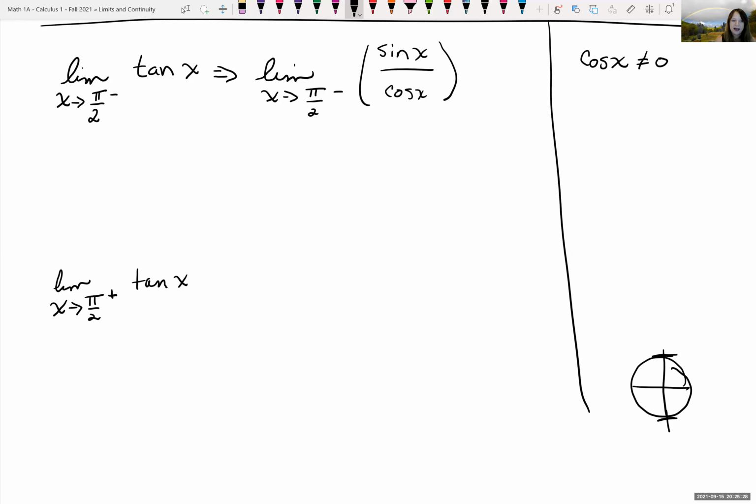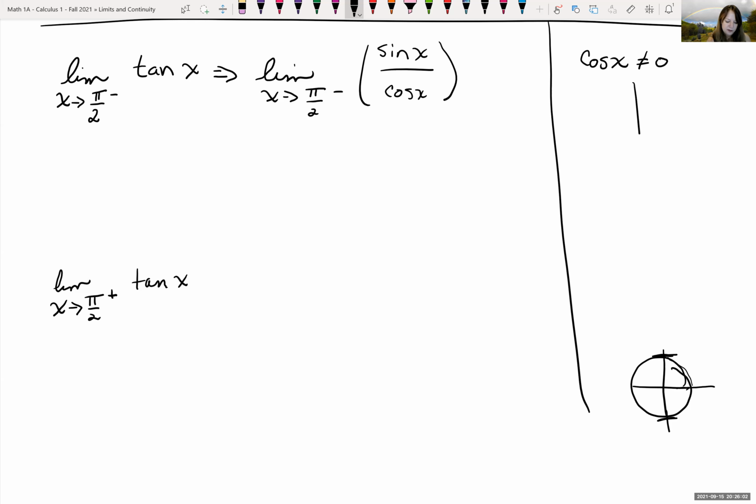That would be pi halves, 3 pi halves, 5 pi halves, 7 pi halves, or I could go the opposite direction so we can make them negative. Remember, negative went clockwise. So I could have negative pi halves, negative 3 pi halves, negative 5 pi halves, etc. So there's an infinite number of things that make this denominator go to 0. Pi halves is one of those.